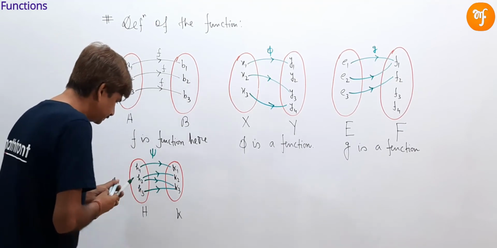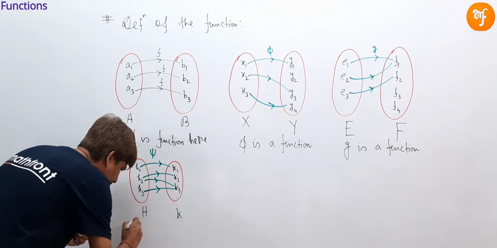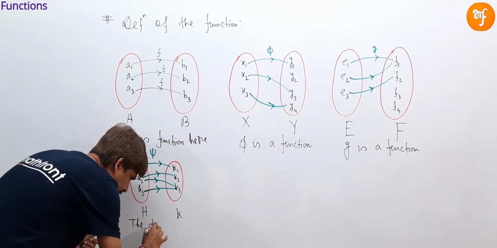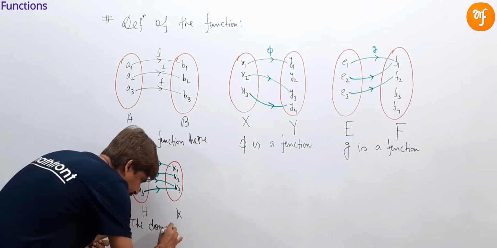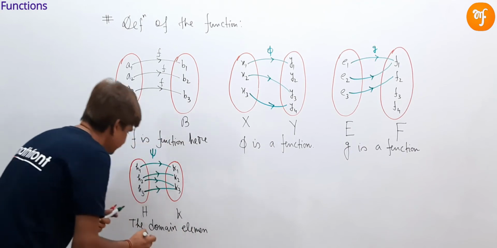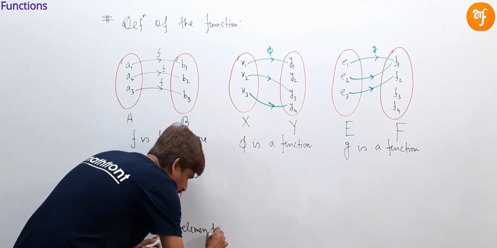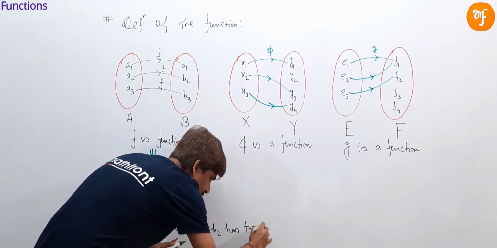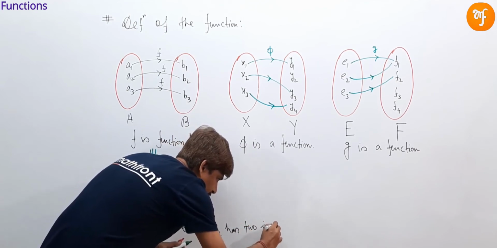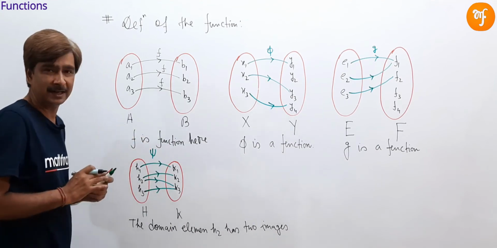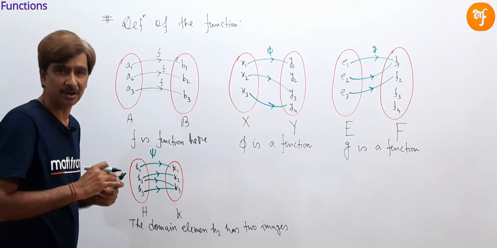So, please write down, the domain element H2 has two images. Okay, that is why psi is just a relation, not a function.